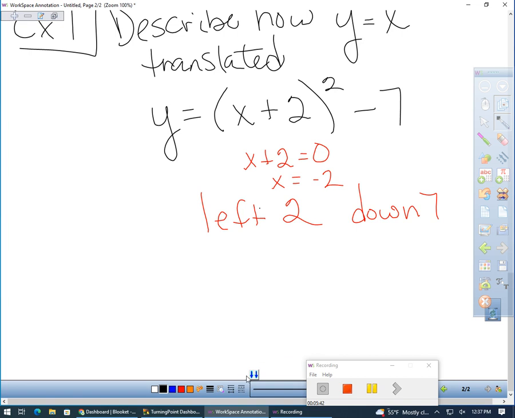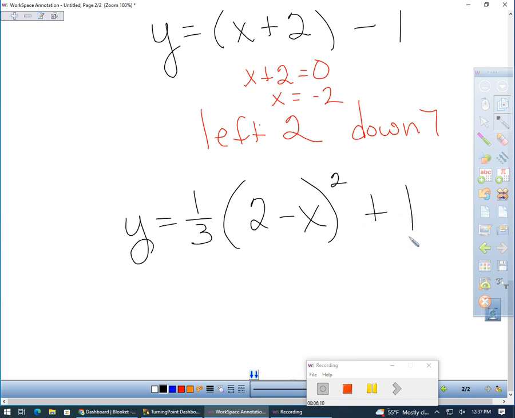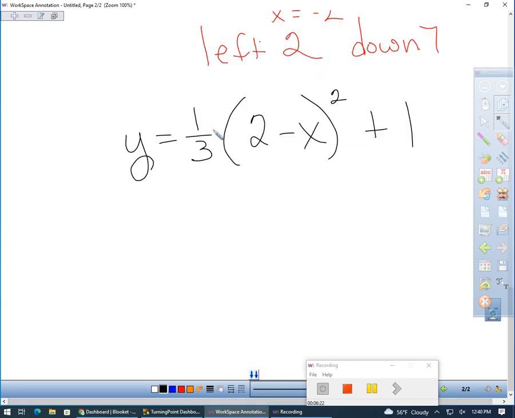So let's try another one that's not quite as easy. Let's say I have y equals 1/3 (2 minus x) squared plus 1. Okay, so compress, or we can say a horizontal stretch, but we like compress, 1/3.